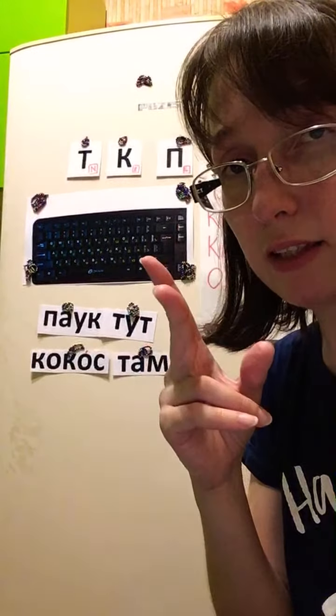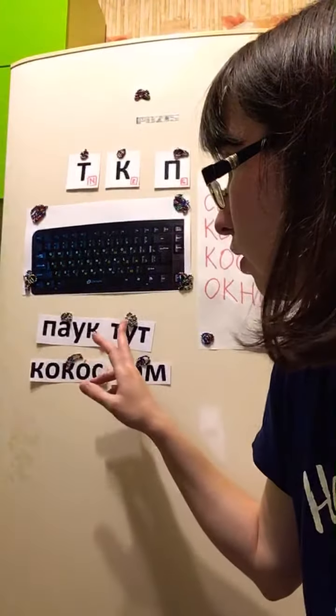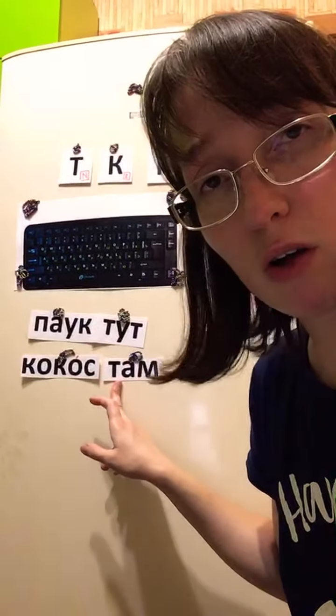So I replaced the words and the meaning has changed. When we put тут, там on the first place, then translation is the same: here is, there is. When we put тут, там on the second place after a noun, then we get is here, is there.